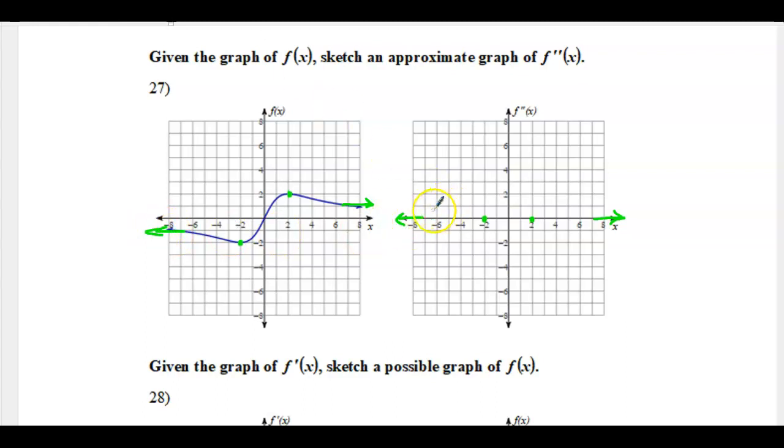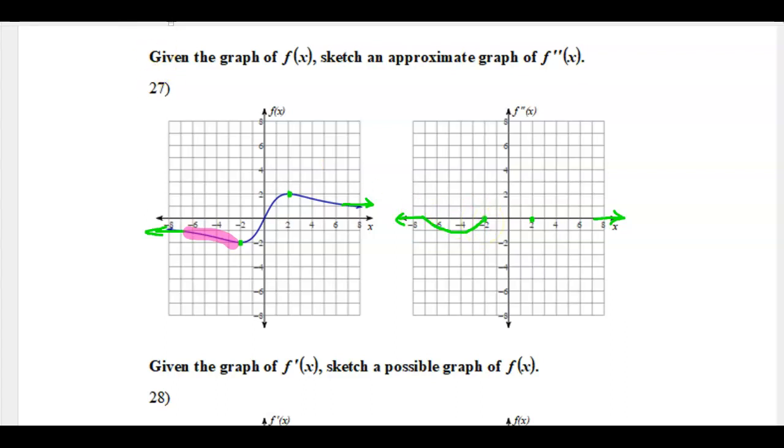Now we need to figure out how to connect these pieces together, and we can do that just by looking at this graph and asking yourself what's going on with the slope. From here to here, the slope is negative, which means that on my derivative graph, it has to be below the x-axis as I connect this arrow to this dot. So it's got to dip below and come back up like that.